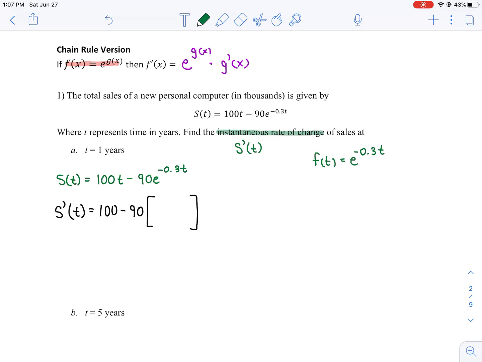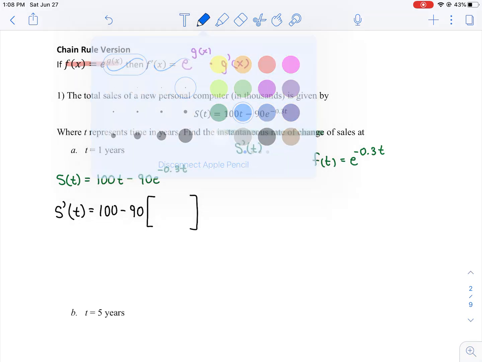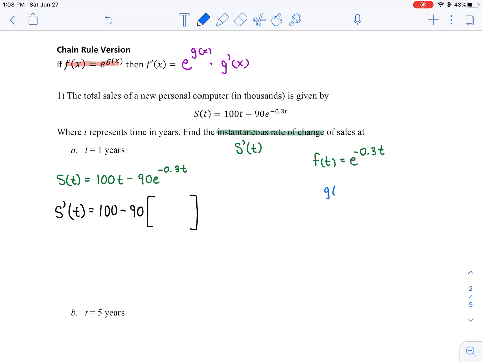If we look at the chain rule version for the function e raised to the g power, in this case g of t is equal to negative 0.3t, so the derivative of g is negative 0.3. So the derivative of f with respect to t is e to the negative 0.3t times negative 0.3.